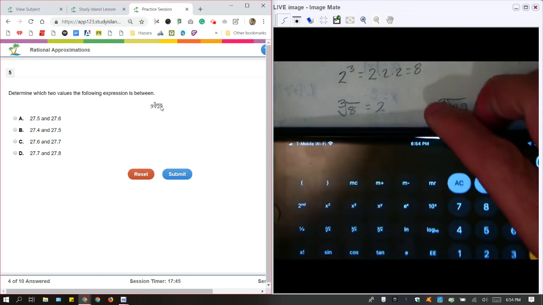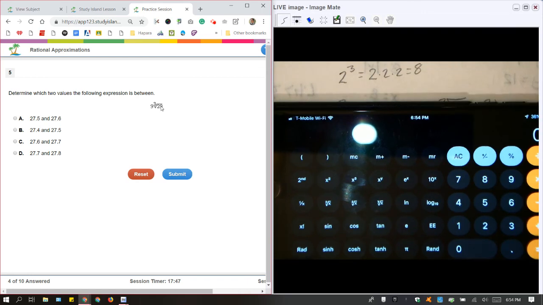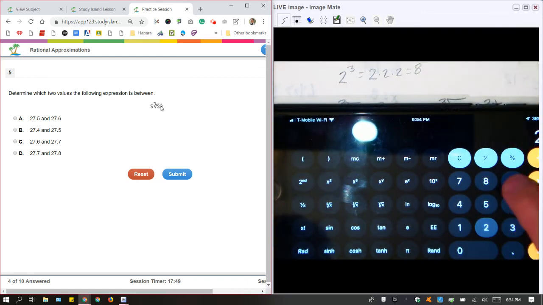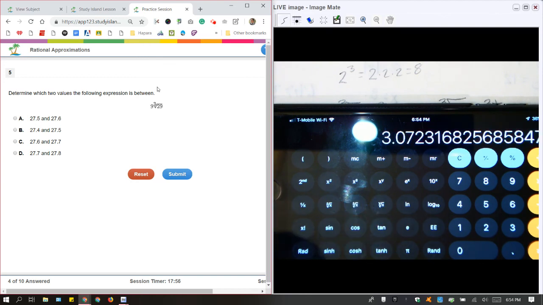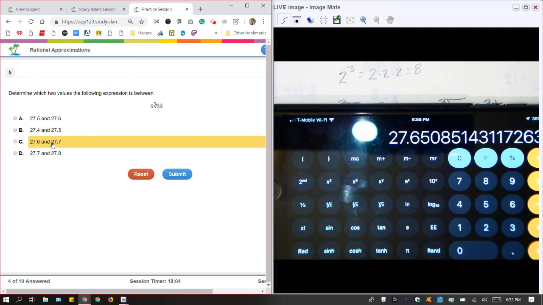Again, on your calculator, you have your 29 and then cube root, which is the little check mark with a little 3. You have 3.07, and then we have times 9, and we get 27.65. So here's 27.6. It's between that. It's more than 27.6, but less than 27.7.